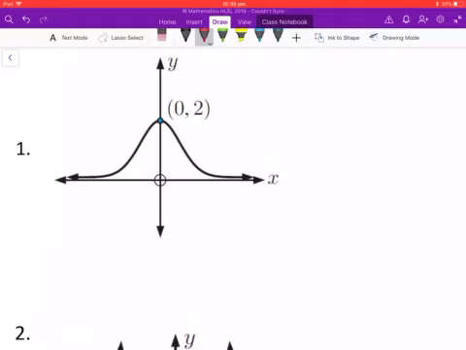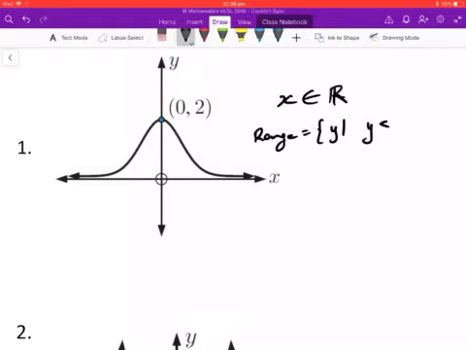So in this case, x is all real values. I like to do a double line on the R to make it a big R. Now what about y? Here we go, set notation. The range is equal to curly bracket y, such that y is less than or equal to 2 and greater than 0.